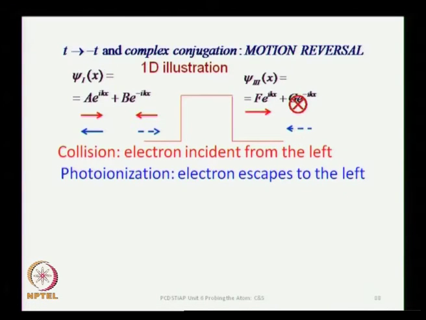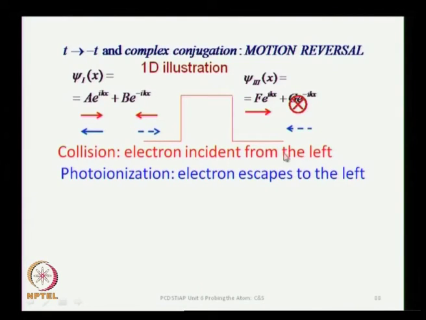So you pretend that it was there, and this description would be appropriate to explain the photoionization process in which the electron escapes to the left. What it essentially means is that the coefficient f in this case will be 0.